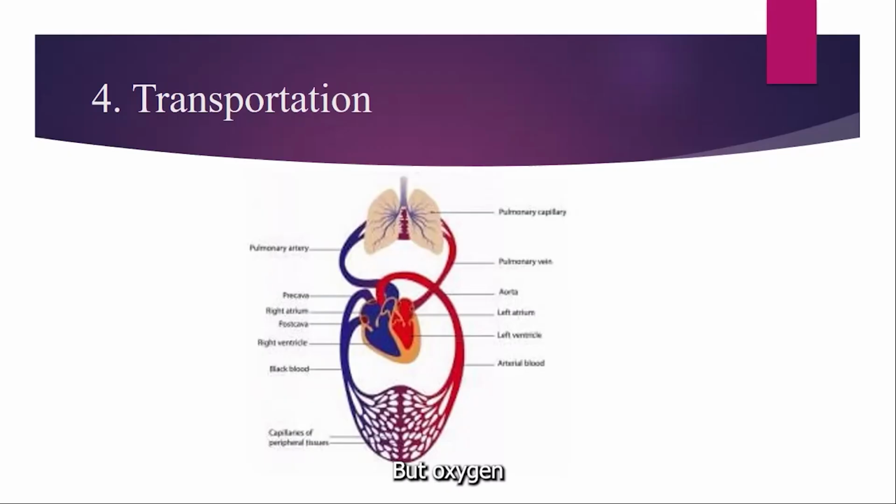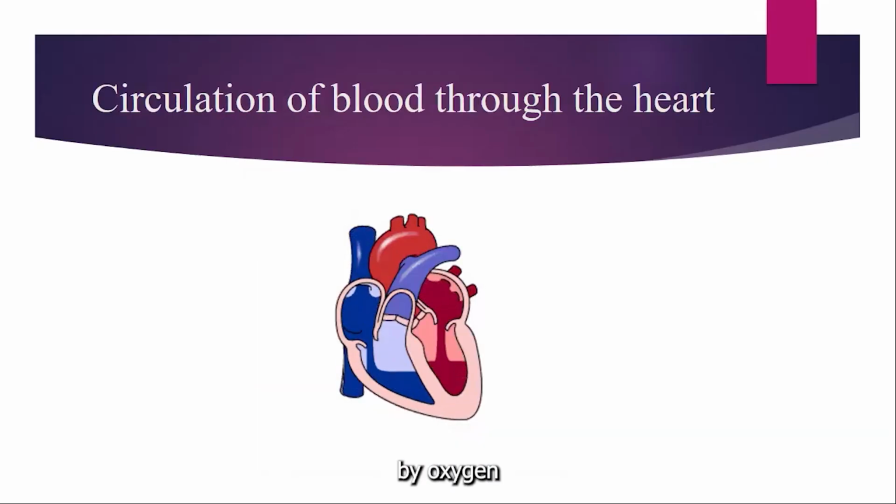Both oxygen and carbon dioxide have to be transported by the blood. In order to facilitate this, the heart has different chambers. These chambers prevent the oxygen-rich blood from mixing with the blood containing carbon dioxide. We'll see that process in a short while.